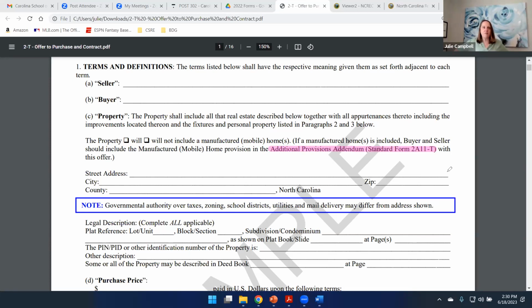We don't have to look at that and wonder, oh, what do I do? If there's a need to use an addendum or an amendment, it'll let us know. So if we do have a manufactured mobile home, additional provisions addendum is one that we will look at next weekend when we look at our additional forms.